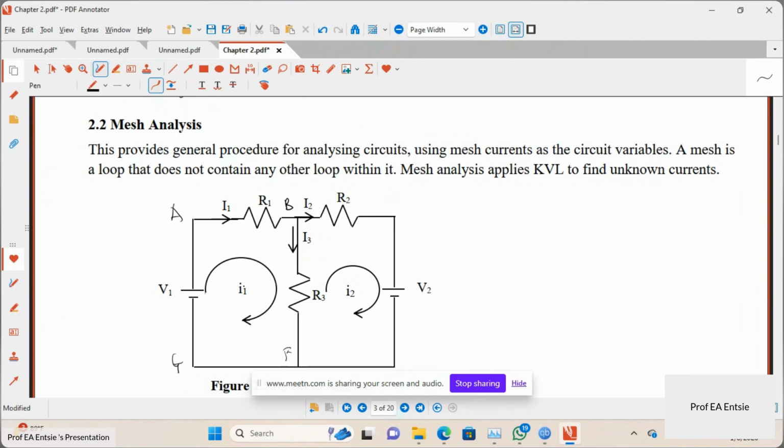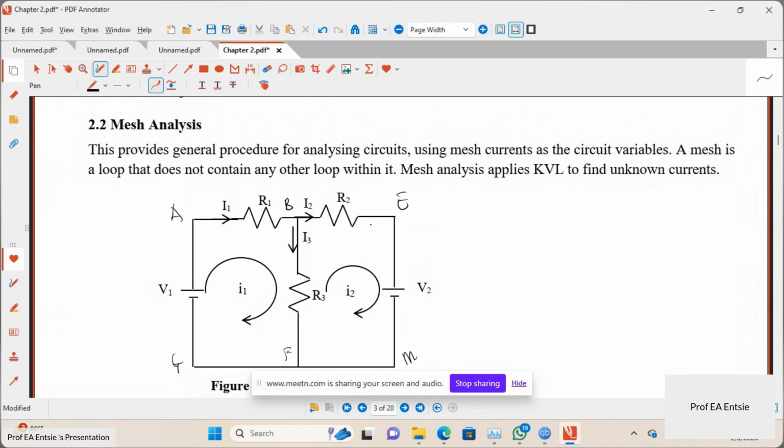And let's assume in this particular loop, which is, let's say, B, E, M, F, B, we assign the same direction.